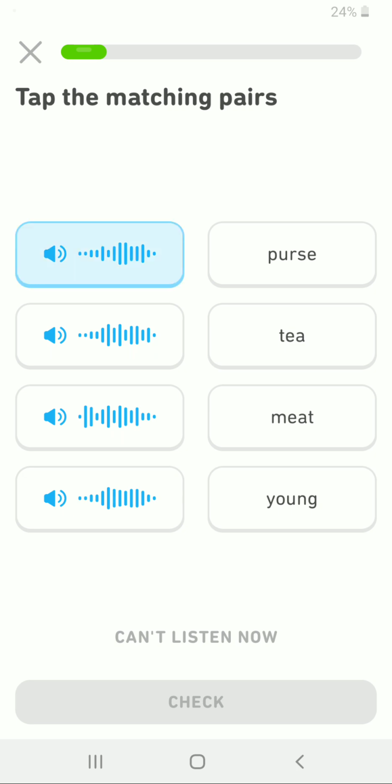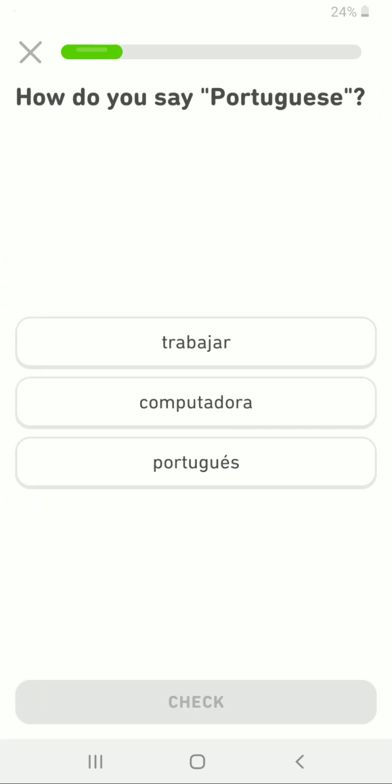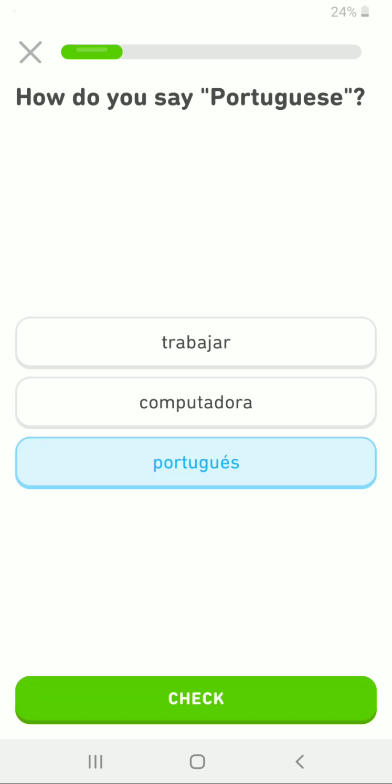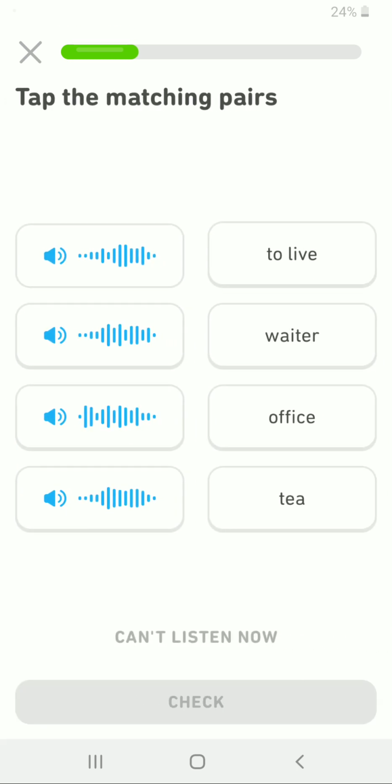Joven. Joven means young. Cartera. Cartera it's a purse. Carne. Carne it's meat. And té is tea. Portugueses. Portuguese. And what else do we have here?